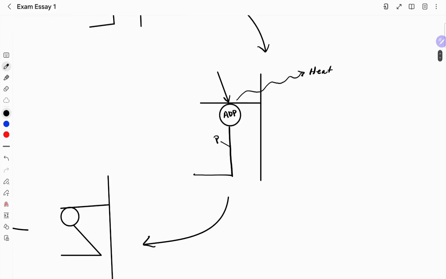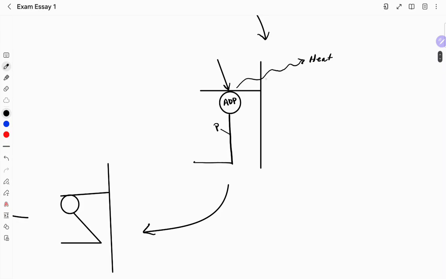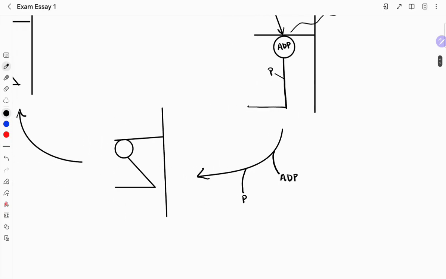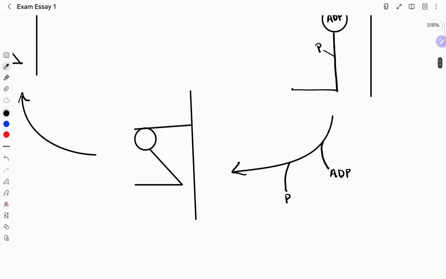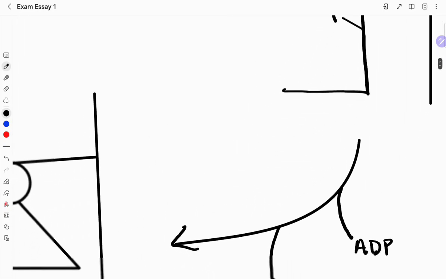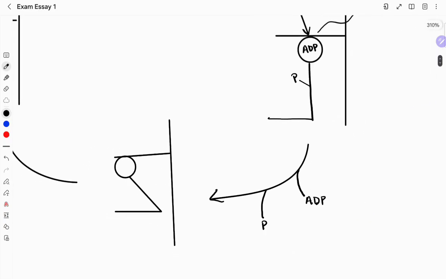And when this binding happens, not only does it release heat, but as we see in this next step, it's also going to release the ADP and the phosphate, leaving us this phase where, when this ADP and this phosphate come off, it's going to cause this myosin to go from a cocked position here to an uncocked position here. As you can imagine, that's pulling this F-actin like this.